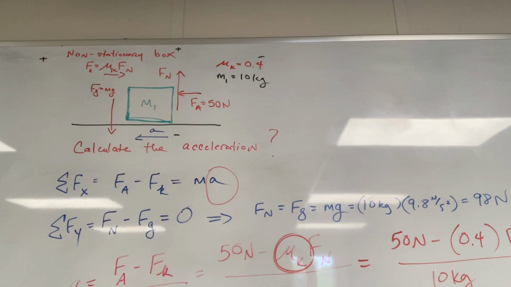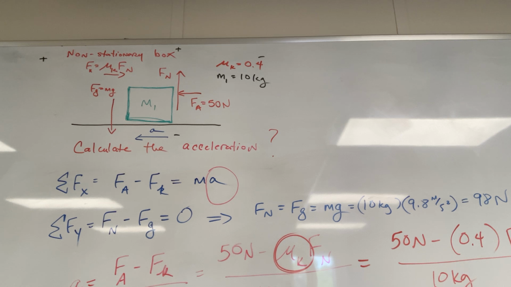All right, so that would be what? 50 minus 39 over what? 10 kgs. That's what, 11 newtons? That's 11 newtons divided by 10 kg, right? And that's gonna give us what? 11 divided by 10, what is it? 1.1. That sounds like a great acceleration.